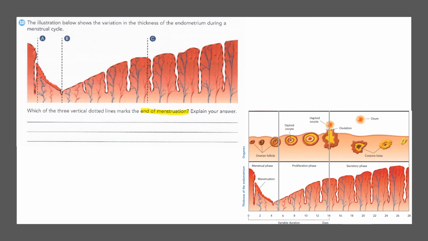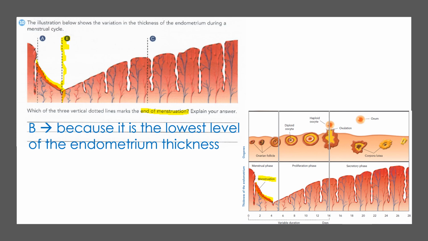So here is the beginning of menstruation, A, and my endometrium is lost. And here the B means that my menstruation finished. So here I can see menstruation getting down. So my B, it marks because it's the lowest level of the endometrium thickness.